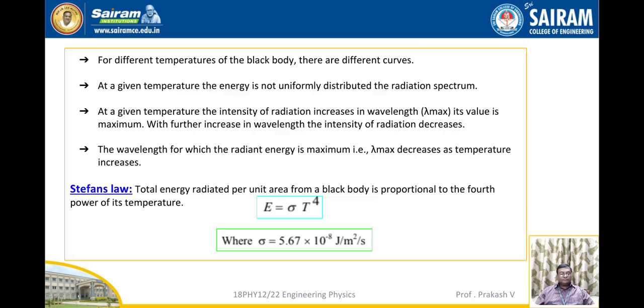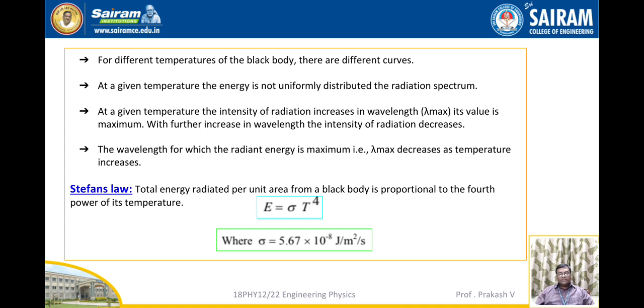Next, if you look at the characteristics, for different temperatures of the black body there are different curves. At a given temperature, the energy is not uniformly distributed in the radiation spectrum. At a given temperature, the intensity of radiation increases with wavelength up to lambda max, where its value is maximum.